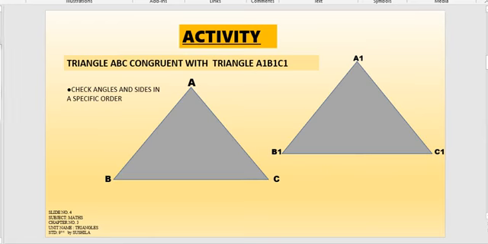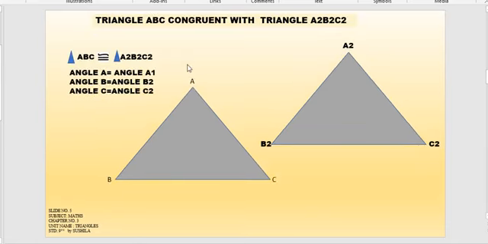The first part they have given in this form only. Now look at this triangle ABC, and here A2, B2 and C2, right? The same triangle you have to compare with the other triangle, with respect to their angles.